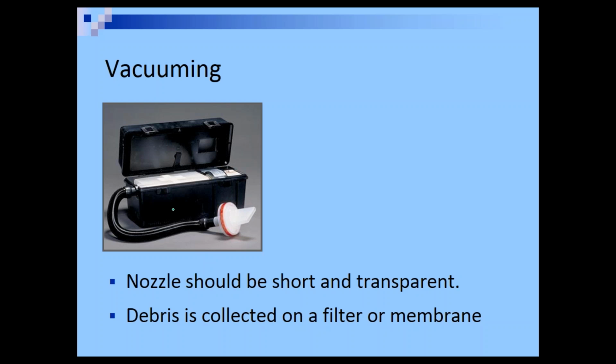All right. Notice with this vacuum, the big difference here, because most vacuums have filters, is that the filter is at the very front, in front of the nozzle. So as you begin vacuuming, all of the material that goes in will be collected on this piece of filter paper. Then you just take it out, collect it, label it, put another piece of filter paper in, and then vacuum another section.